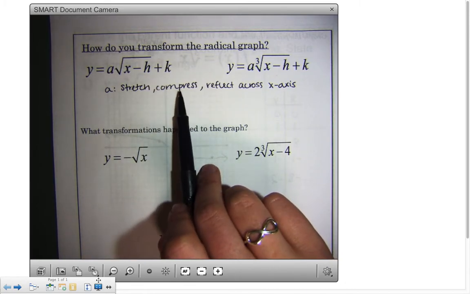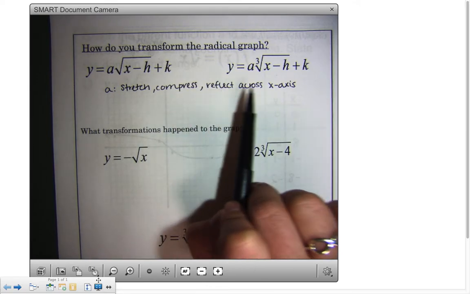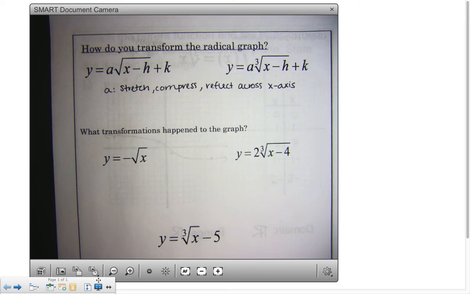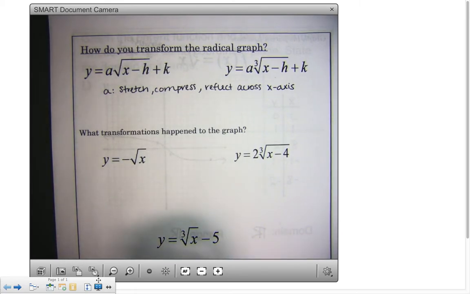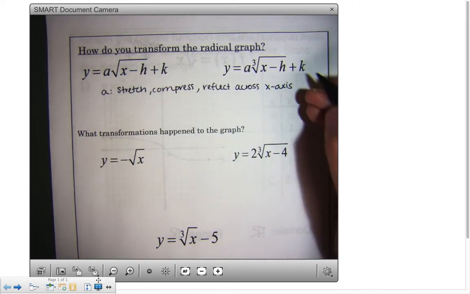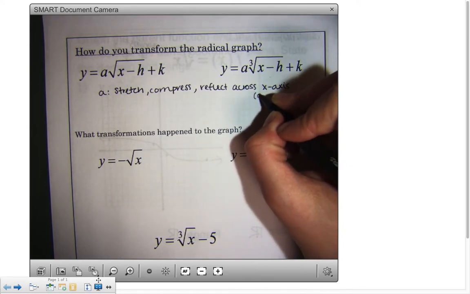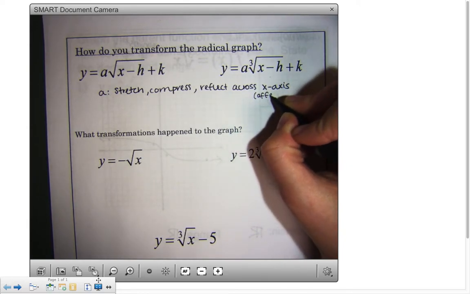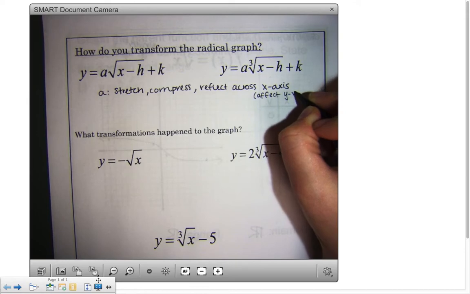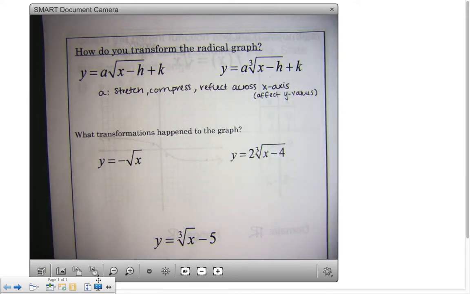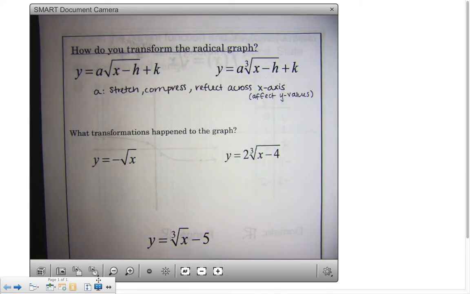If it's between 0 and 1, it's going to compress, and then a negative a makes it reflect across the x-axis. Any a value that we have is going to affect our y values. That's going to be important when we're graphing the transformations of these things.